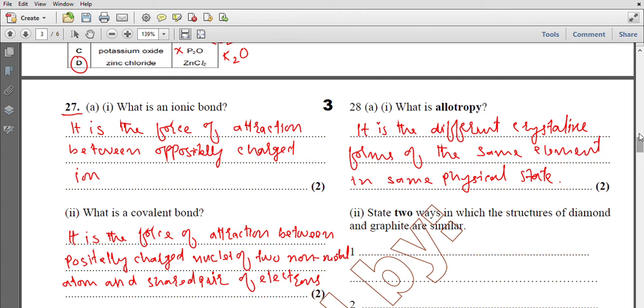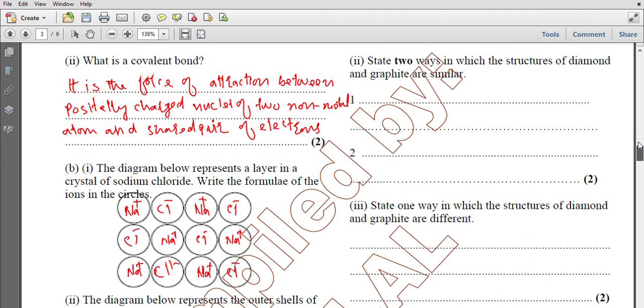Diamond and graphite are the two allotropic forms of carbon. State two ways in which the structures of diamond and graphite are different. Remember, it is talking about the structures.